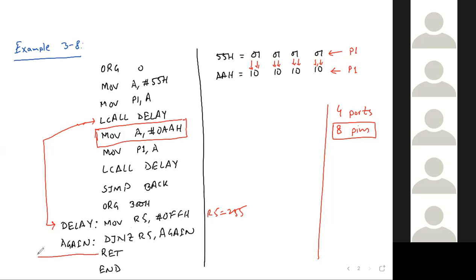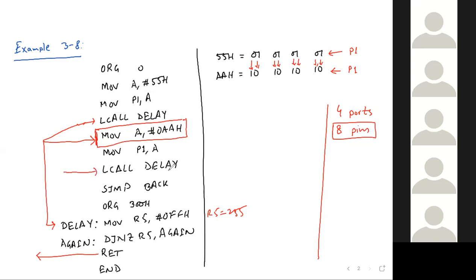When you execute return, what happens is it pops out this address. I mean, the address of this instruction is popped out, and your MCU comes back over here when it sees this return. Then again you do this moving and all. See this. After that, again you are calling lcall delay.